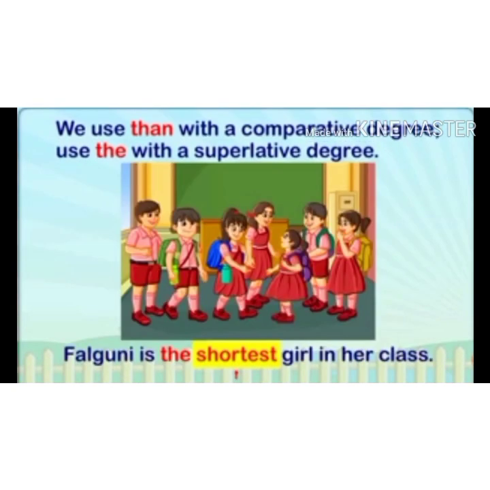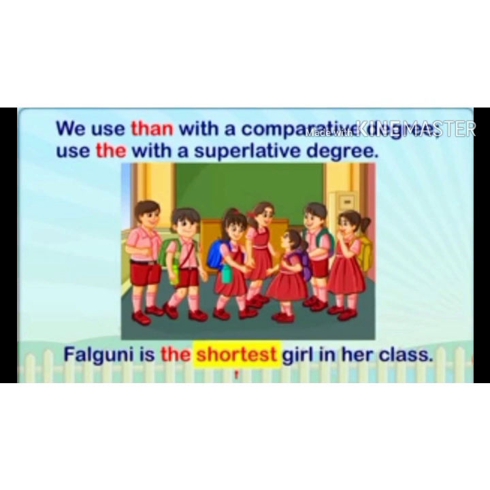Also, Falguni is the shortest girl in her class. There's a special thing to notice over here, that when more than two things or people are compared, it is called superlative degree. And students, when we compare more than two things or people, we always use the est form of the adjective.